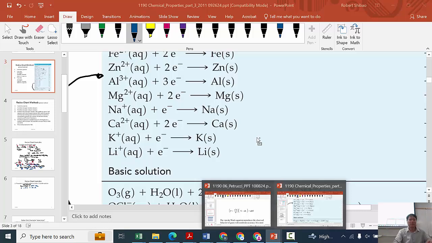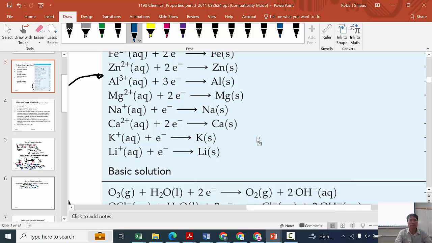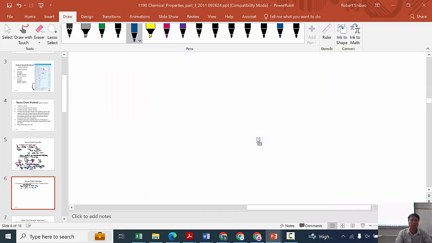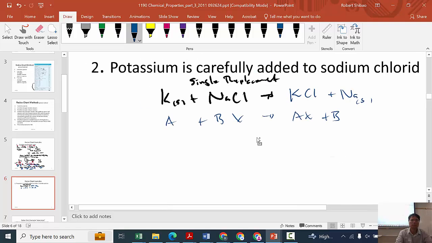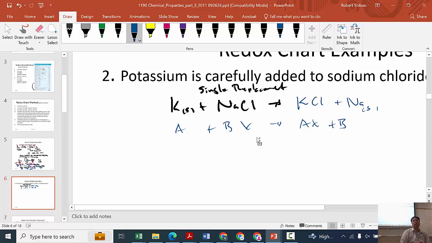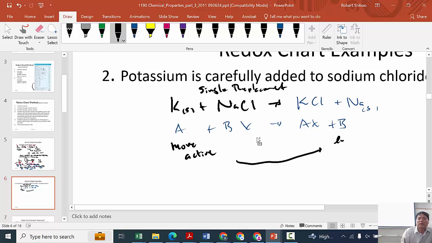So going back to this equation here, we would say we have driving force. The driving force would be going from the more active element to the less active element. So more active potassium to less active sodium.